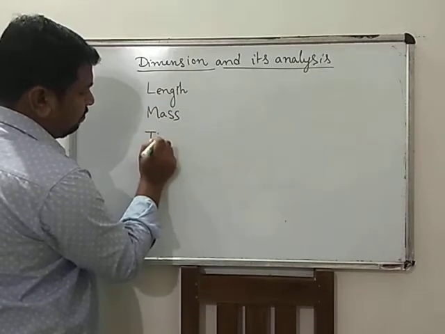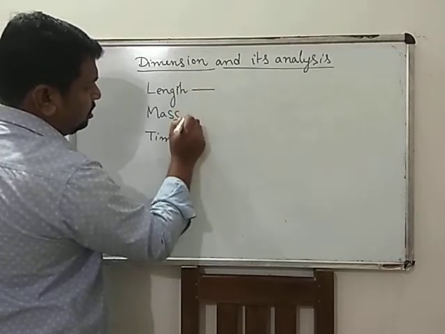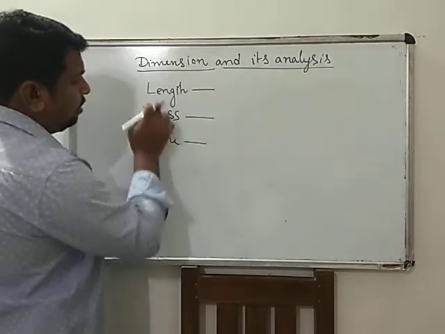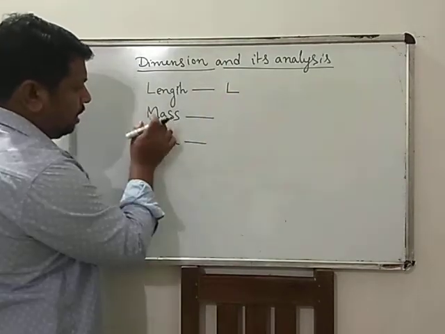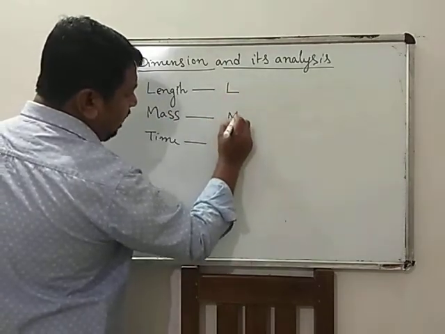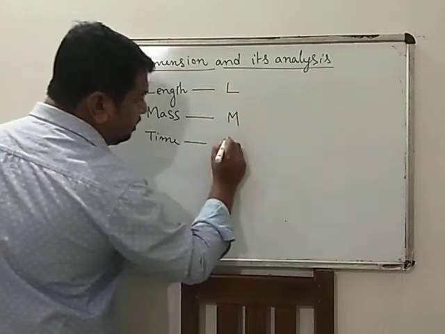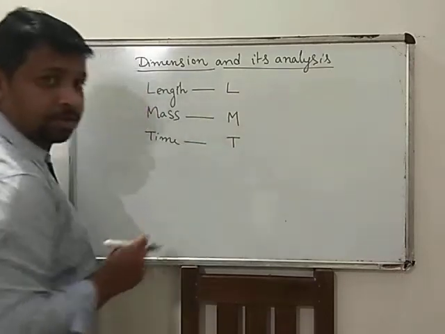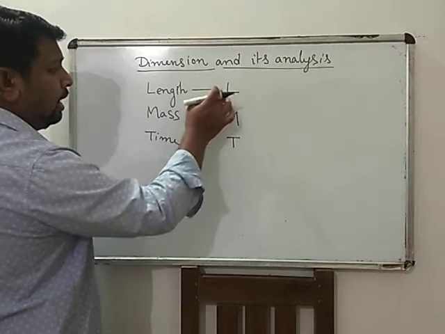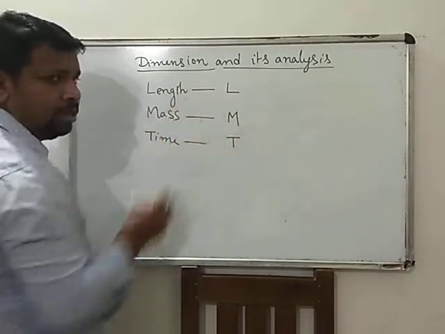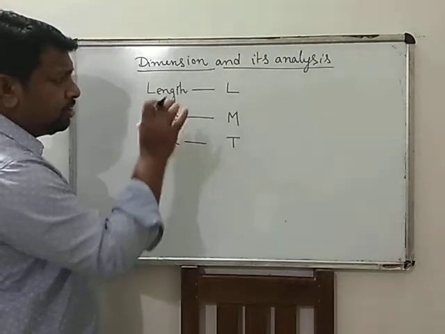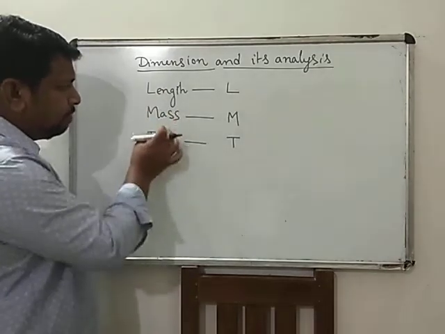Okay, so next mass, time. So in these three fundamental quantities, length can be represented as L, M can be represented by M, and T can be represented by T. Okay, so L M T be the dimensional formulas of length, mass and time.